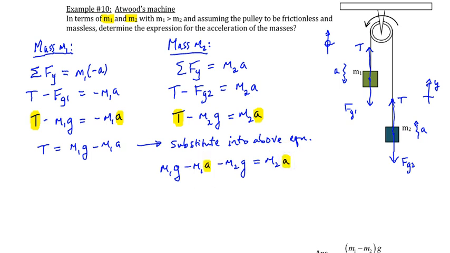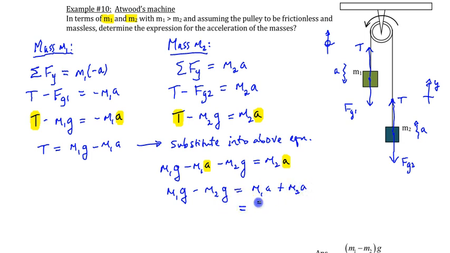So we need to collect like terms. Put this m1a over onto the other side. We get m1g minus m2g equals m1a plus m2a.